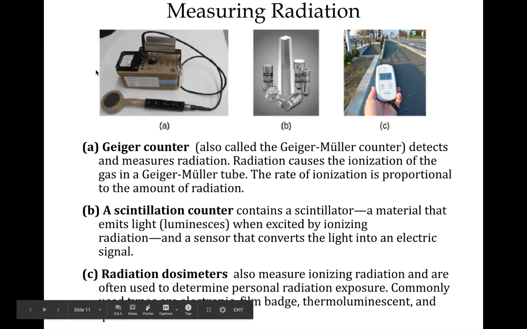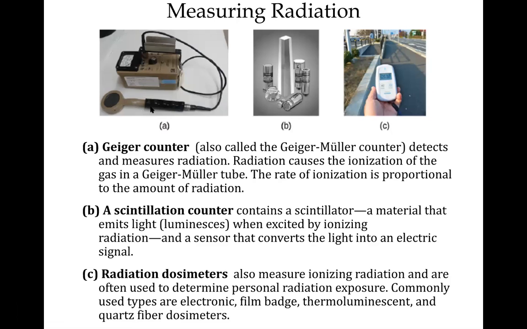So you wave this thing around, and if there's ionization happening, you're going to get a click. Each click represents a certain number of ionization events, and so the rate of ionization, how fast it's occurring, is going to be proportional to the overall amount of radiation in that area.